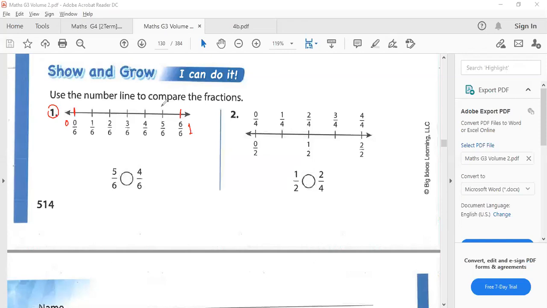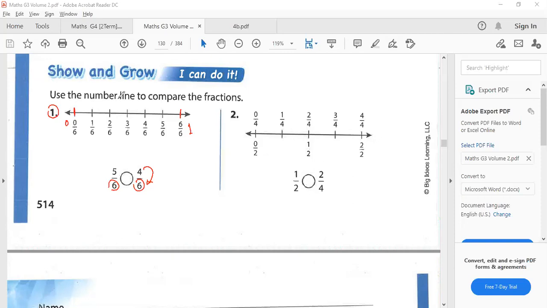The 6 in front of you. You can't read 6? Yeah, 6. So we are going to divide the distance into 6 equal parts between 0 and 1.